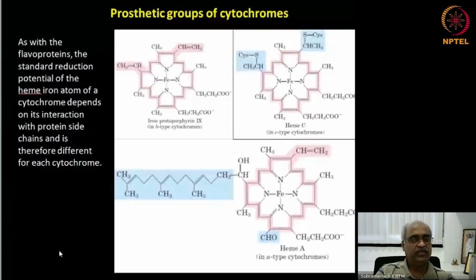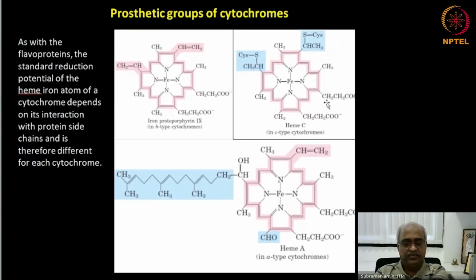The next set of electron carriers we are going to look at are the cytochromes. There are 3 types: cytochrome A, cytochrome B, and cytochrome C. These proteins contain the structure shown here, the porphyrin ring, the pink conjugated double bond structure. This is what we call the heme moiety, present in these cytochromes as a prosthetic group.